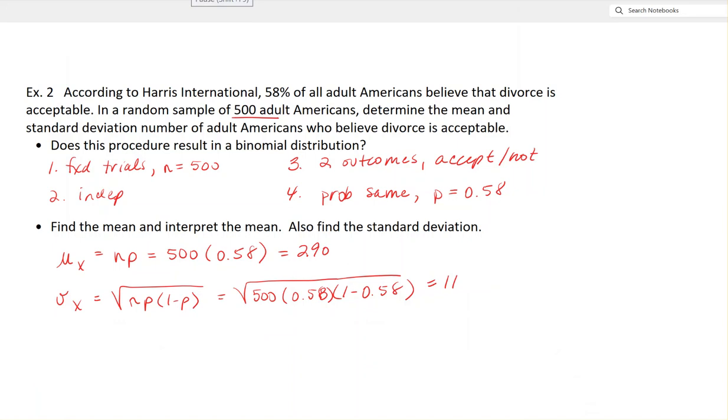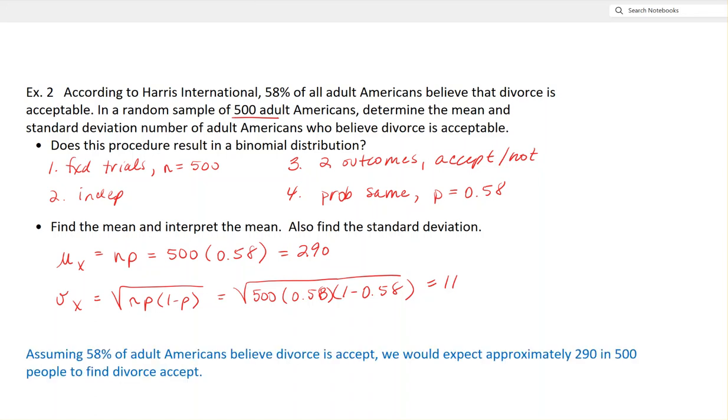Now let's interpret, what does it mean? What does our mean, the 290, actually mean? So here I have it written in blue. Our mean is our average that we would expect to have happen in the long run. So assuming 58% of adult Americans believe divorce is acceptable, we expect approximately 290 in 500 people to find divorce acceptable.